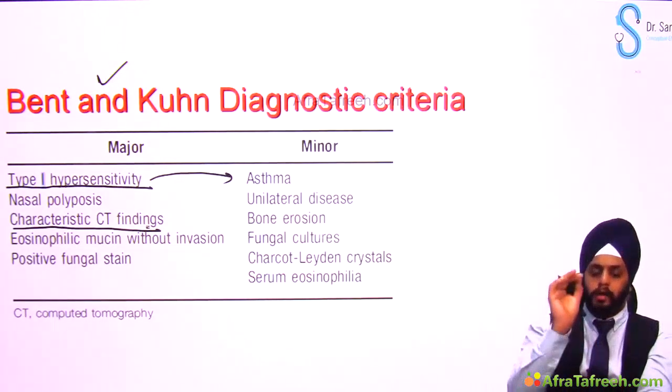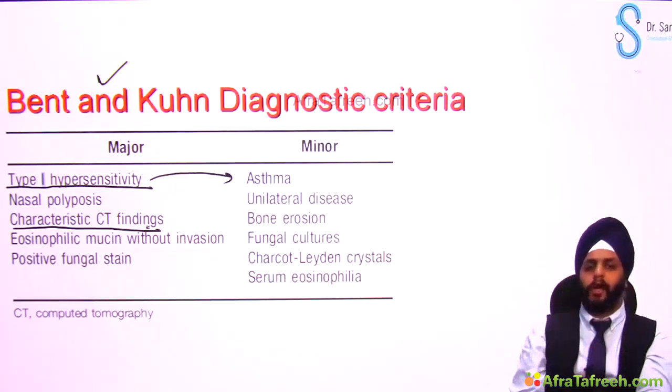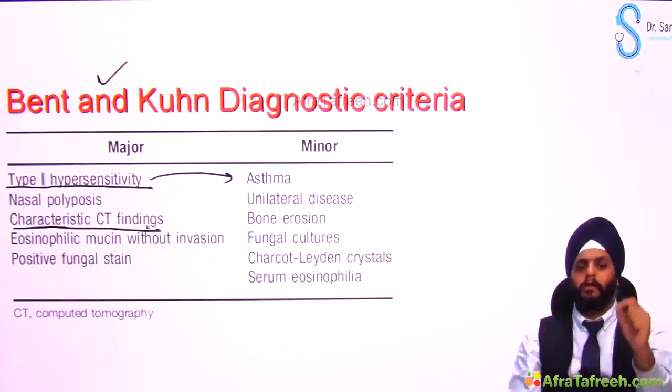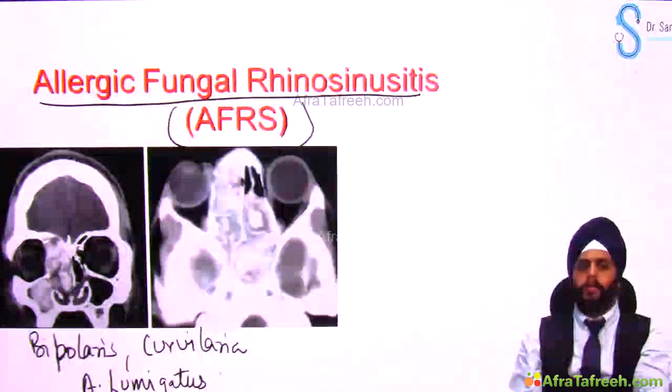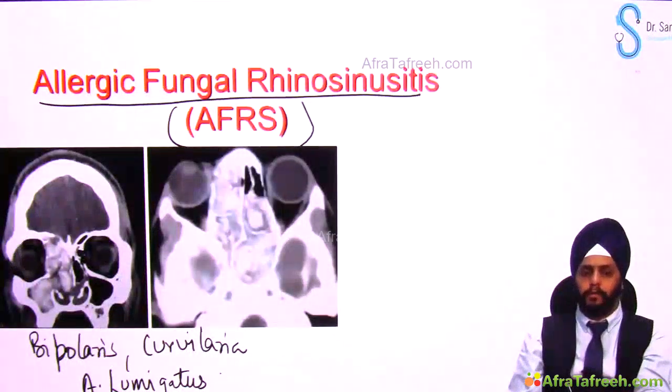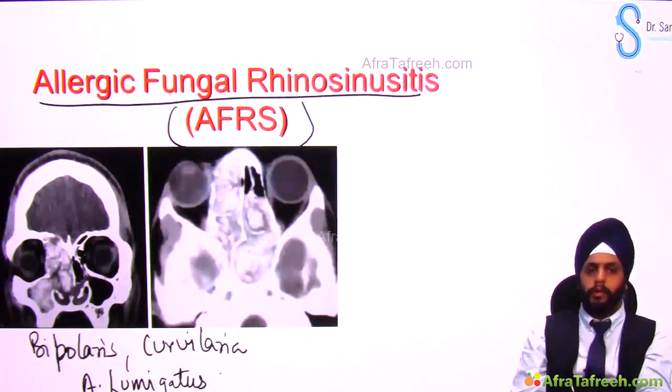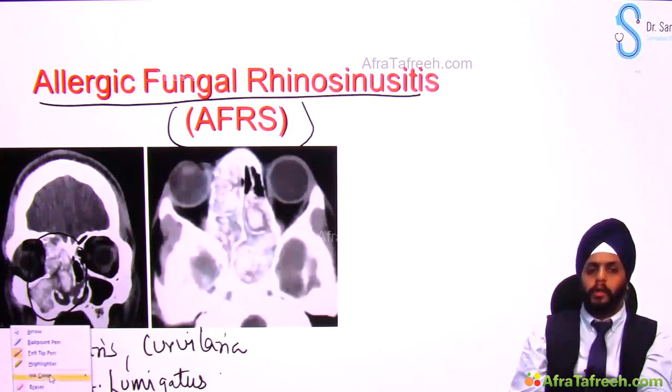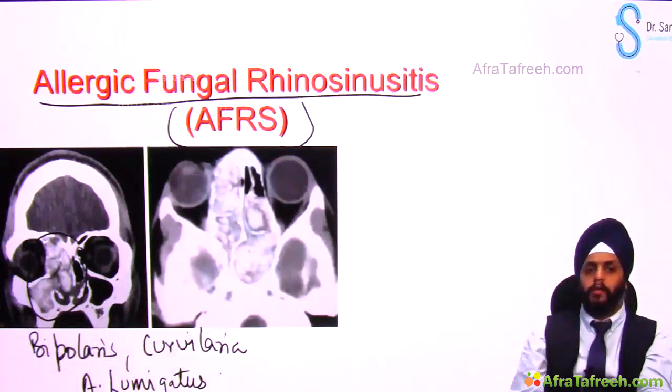So what are these characteristic CT scan findings? Let's go back to the CT scan and see. What do you see over here? You can notice that, number one, the patient has a unilateral disease. Disease on one side, the other side may be normal. Why?